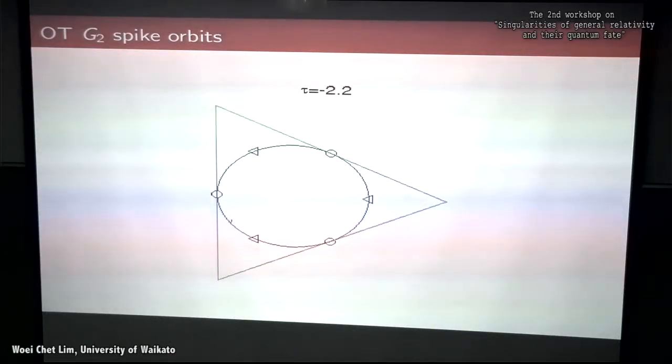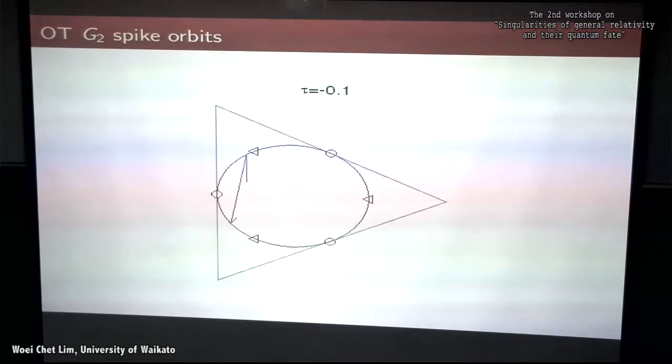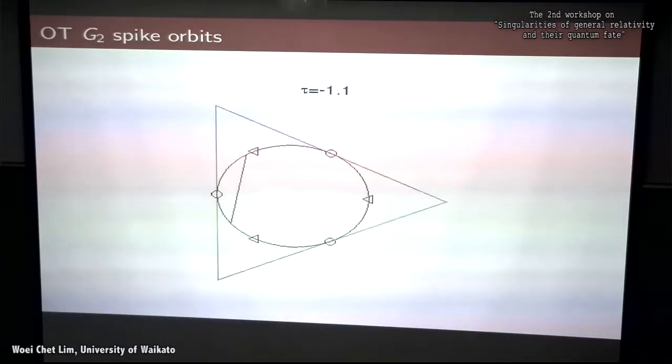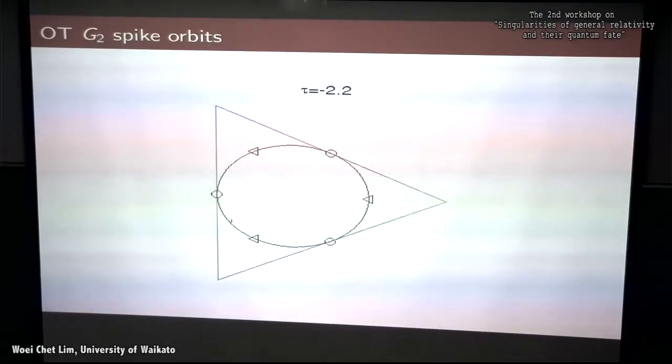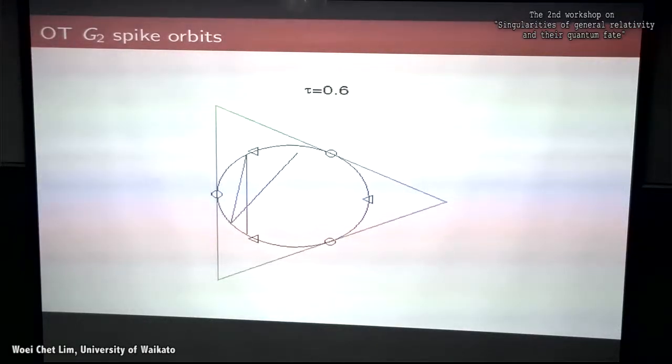Before we get to that, here I just want to show you a sequence of snapshots to see the timing of these orbits. So going towards the singularity, let me start again. The faraway observers or world lines will undergo this Bianchi type II transition first. Then the spike world line would undergo its spike transition. At the same time, the faraway world lines are rotating the eigenvectors of n alpha beta.